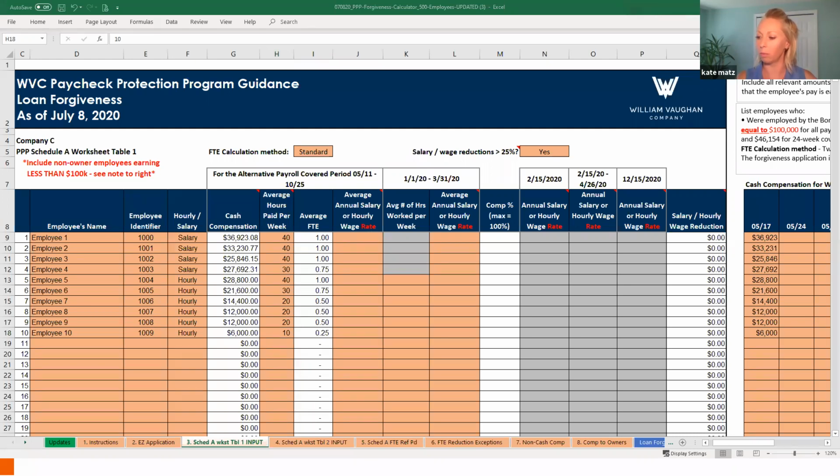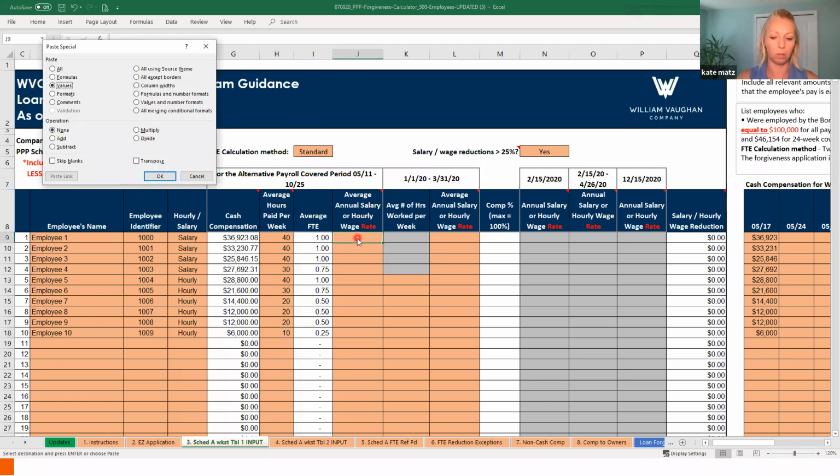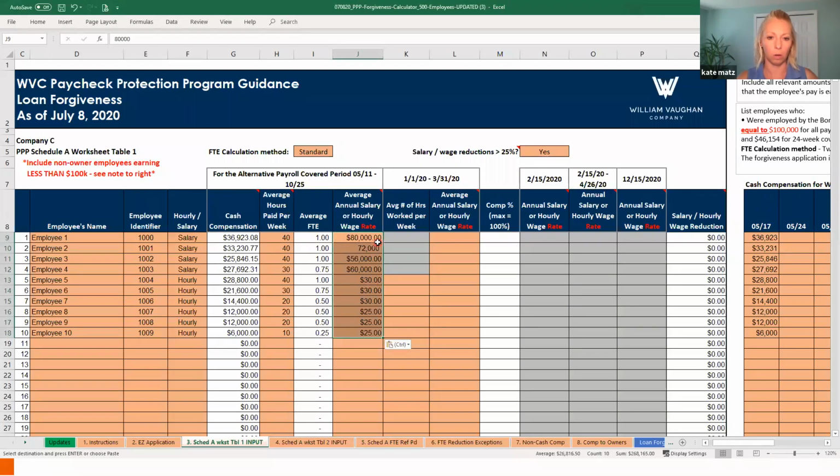So I bring that information in and we can look at a couple of examples. So our salaried folks, we've got 80,000, 72,000, 56,000, and 60,000. So those were the actual salary rates that were in effect for the alternative payroll covered period.